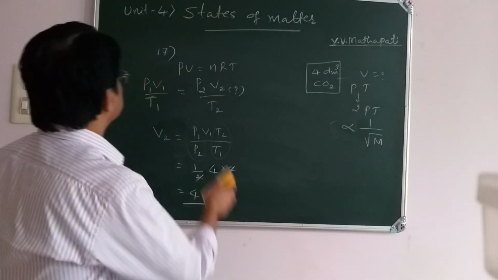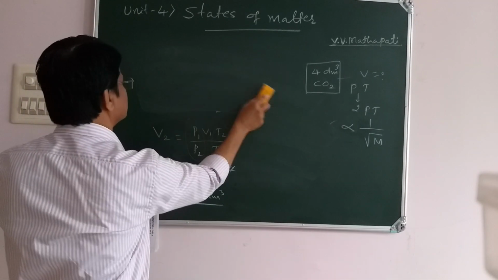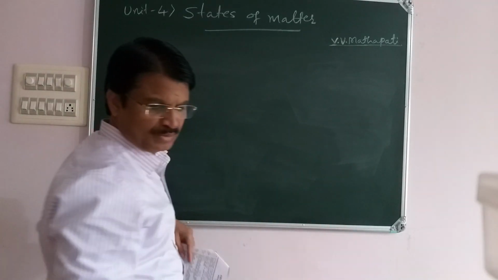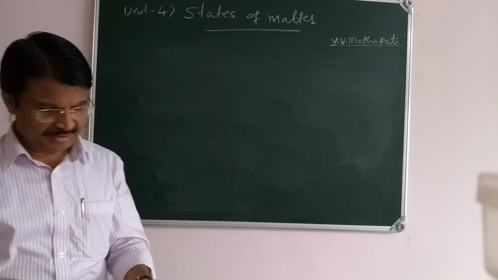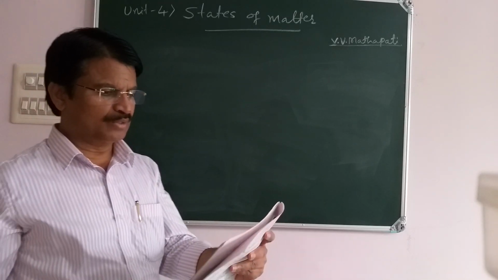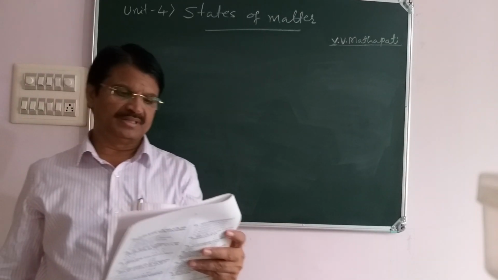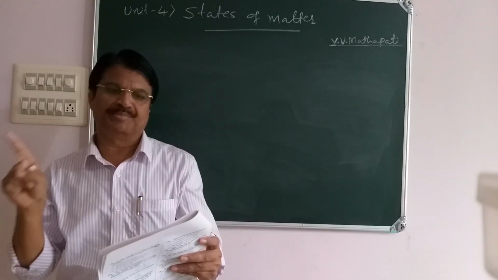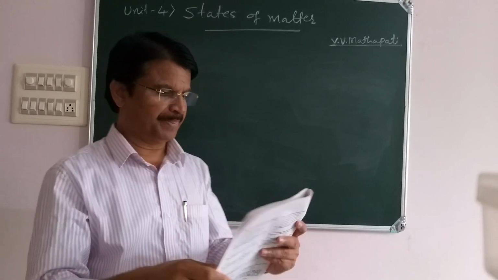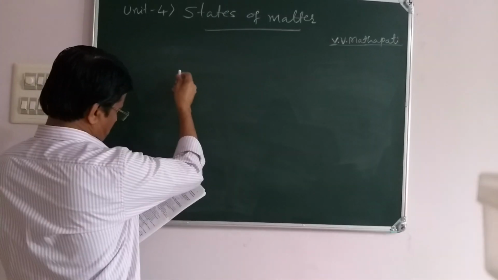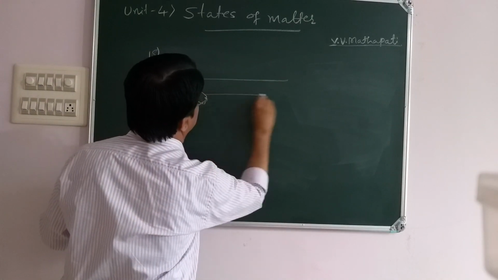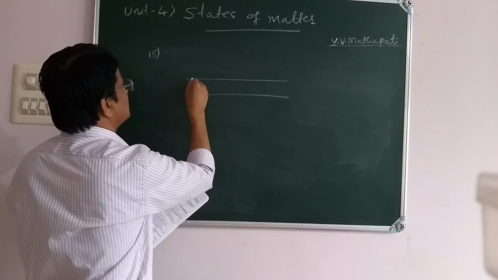Question number 18. NH3 and HCl gas are introduced simultaneously from the two ends of a long tube. A white ring of the ammonium product appears first in, so there is a tube. A glass tube is taken and there are two ends.